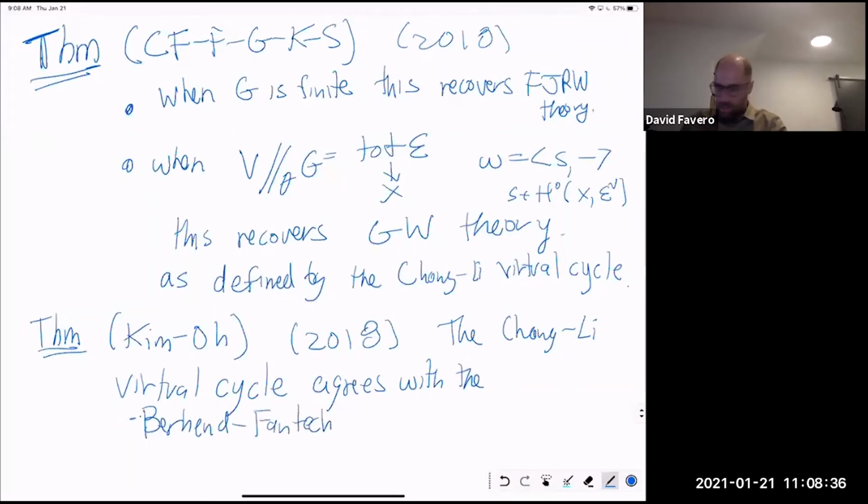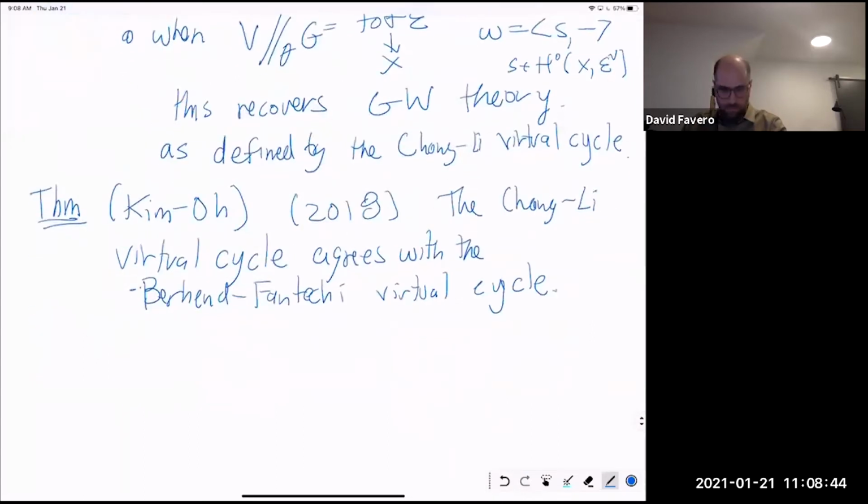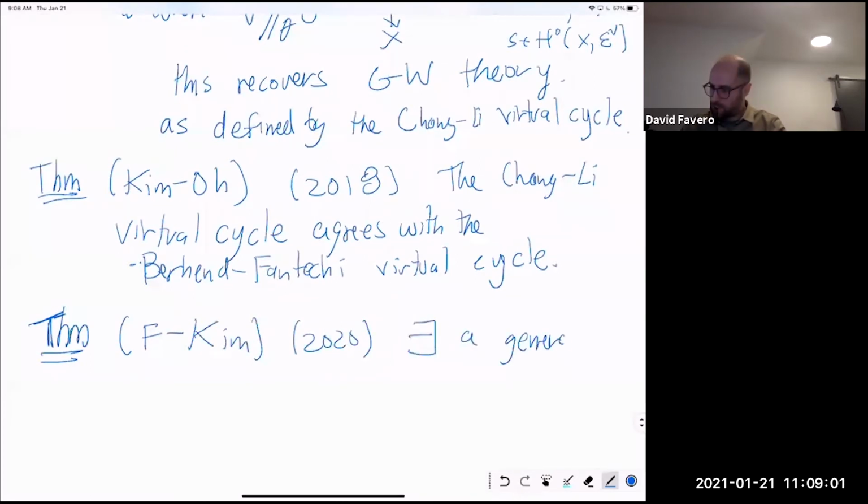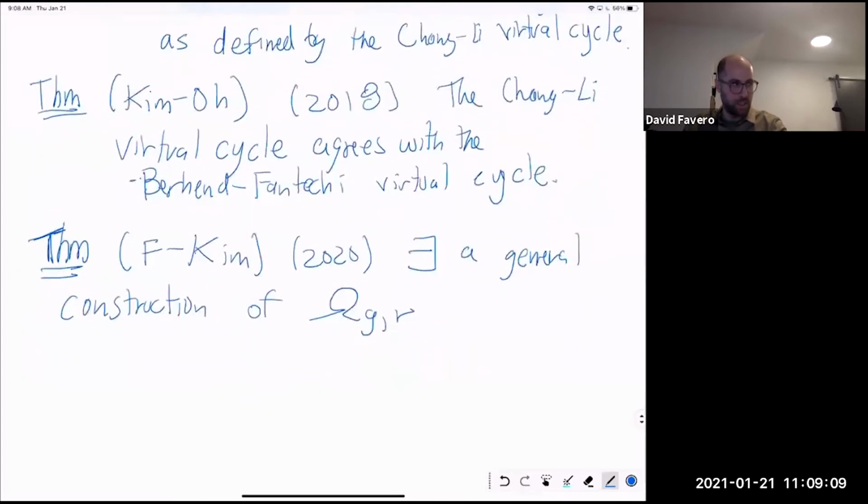And then our theorem from 2020 is that there exists a general construction of these maps for any GLSM, and by any, I mean, by definition, proper critical locus and Deligne-Mumford GIT quotient.